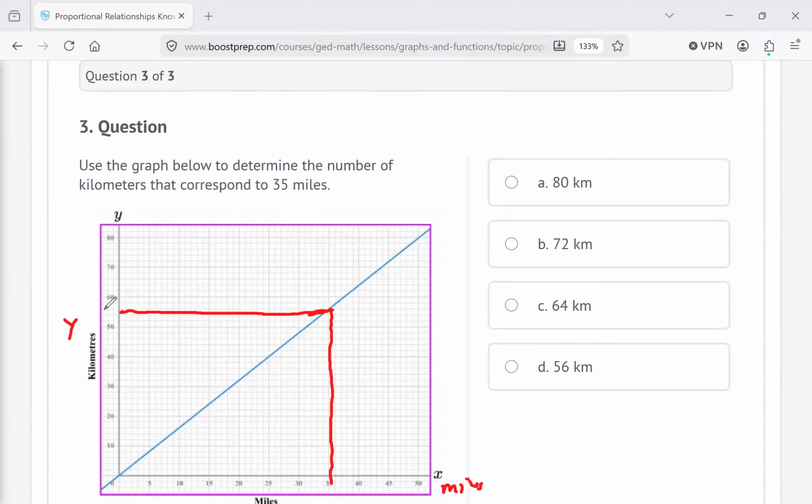So it's about this one, and it's around 55, 56, in the mid 50s, right? Because it's between 50 and 60. So it's not 80, it's not 70, it's not 64, that would be too high. It has to be D, between 50 and 60.